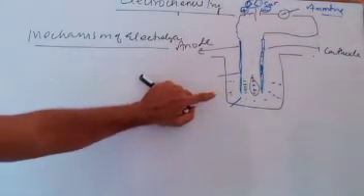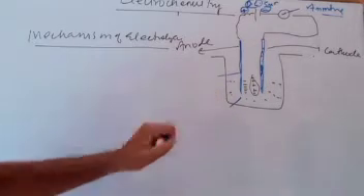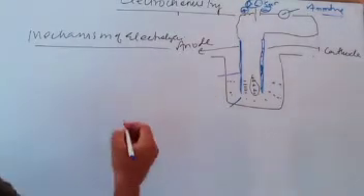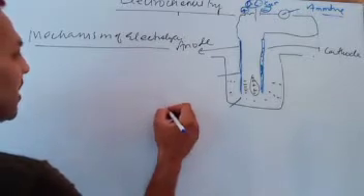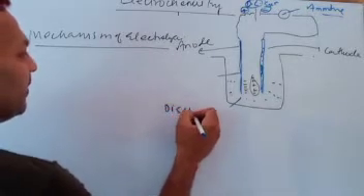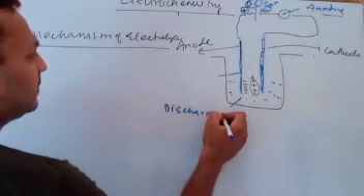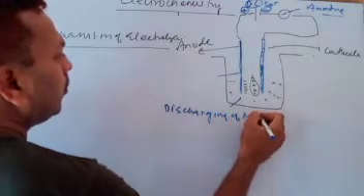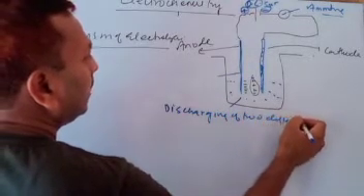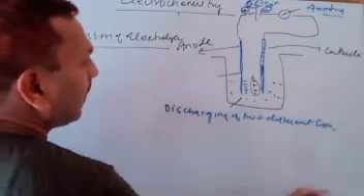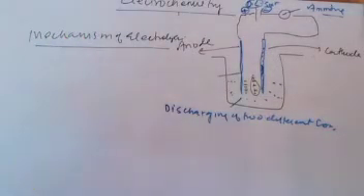So two different ions can be discharged. This is the discharging of two different ions. What is the reason behind it, and which can be discharged?